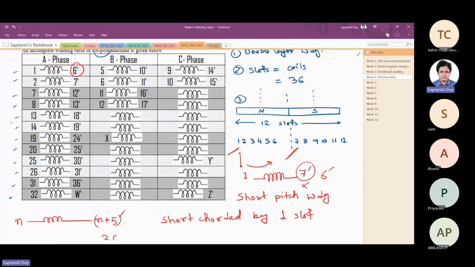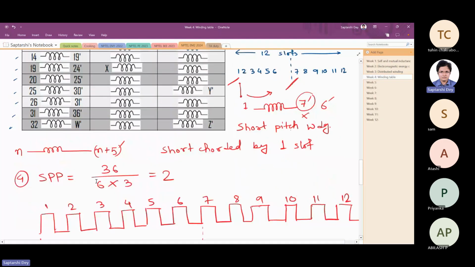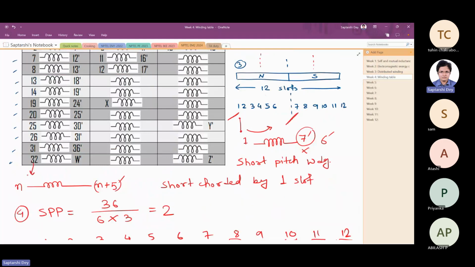So let us do this. We did this in the last class. If this is 32, then by this logic, this should be 37. But there are only 36 slots, so 37 is actually 1. So this W prime is actually 1 primed.